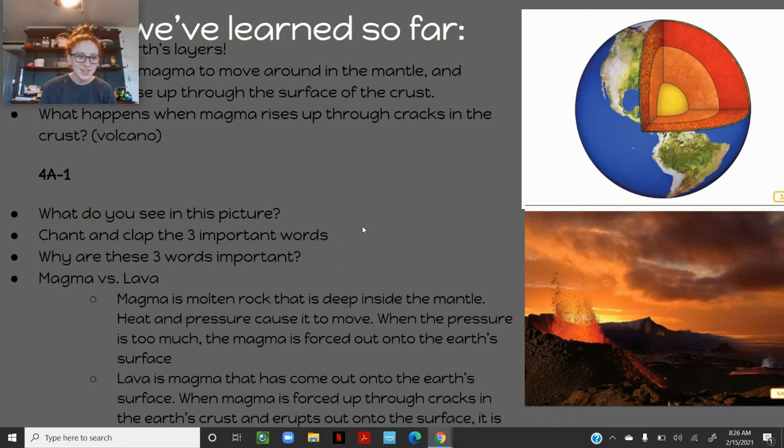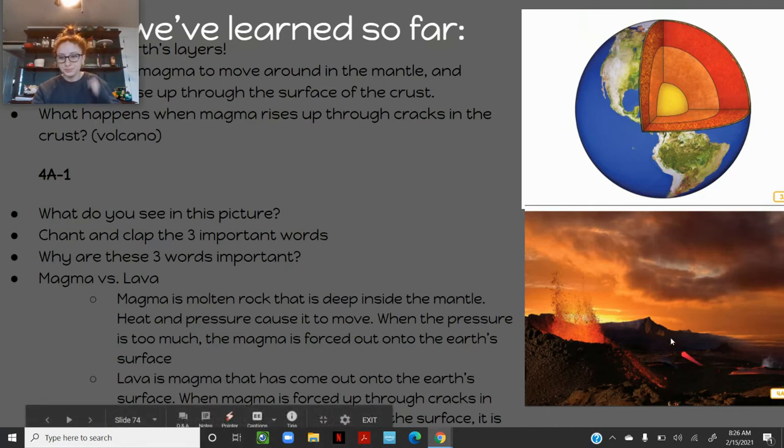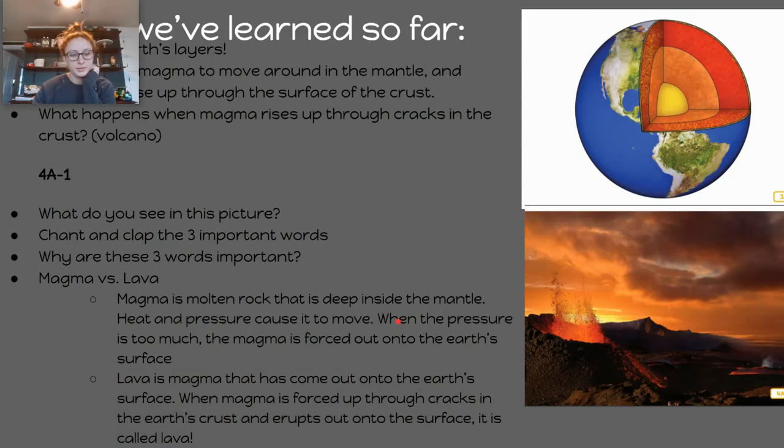It's called a volcano, okay? Let's look at this picture down here. What do we see in that picture? A volcano.